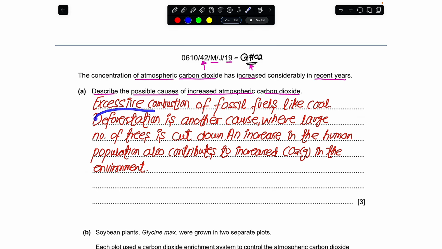The other possible cause is deforestation, because we know that plants use carbon dioxide in the photosynthetic process, and if we are bringing about deforestation, the number of trees would reduce, and with fewer trees, less CO2 would be absorbed from the external environment. The last point we can quote is that this can also be due to an increase in the human population, because we human beings continuously respire, and an increase in the number of people would mean that more people are respiring CO2 gas into the external environment.